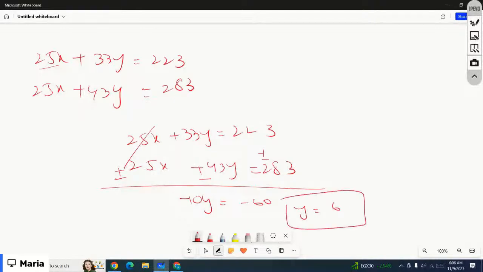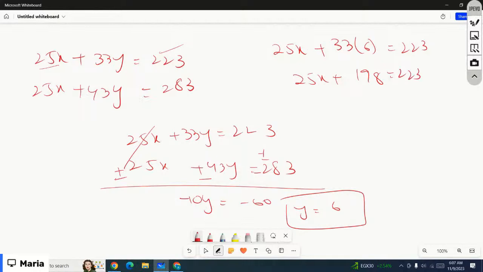Now we have the value of y. Just substitute the value of y in any of the equations and evaluate for x, right? So just replace y in equation 1, so that would be 25x plus 33 times 6 equals 223. 33 times 6 equals 198.